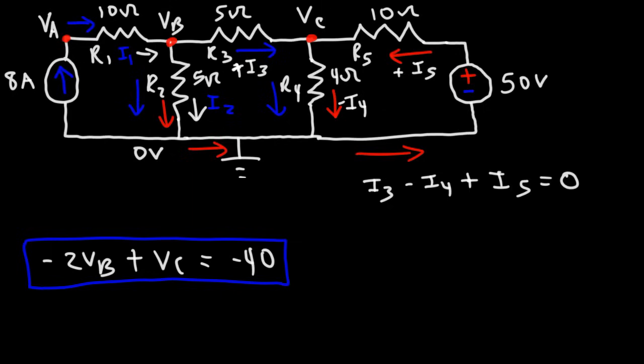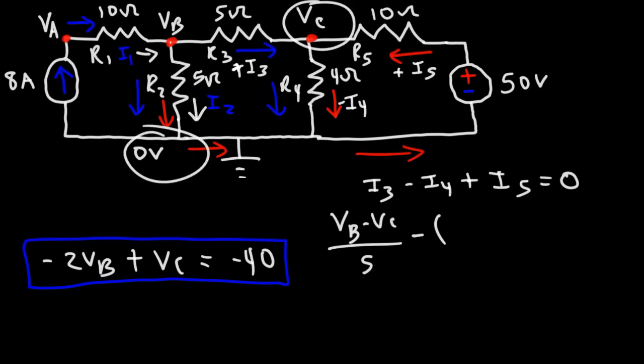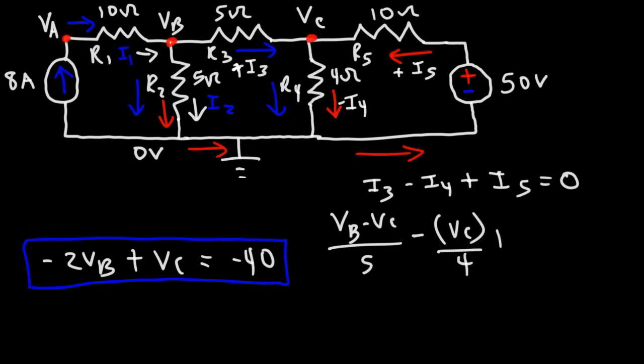Now, what's I3? So I3 flows from point B to point C. So it's going to be the voltage, which is VB minus VC, divided by R3, and R3 is 5. Now I4, the voltage across that is VC minus 0. So that's just going to be VC. And then divided by R4, which is 4.